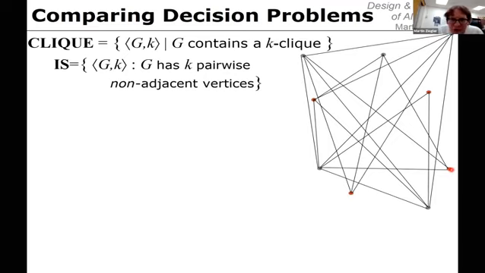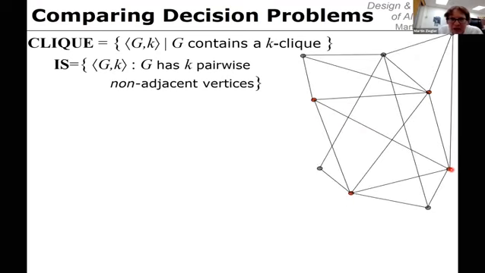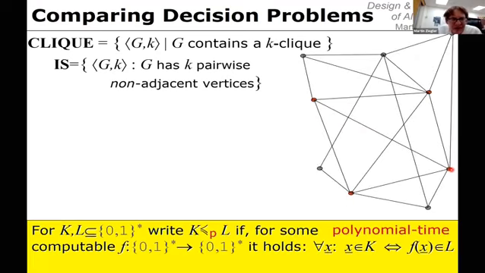So what is this polynomial time reduction? Here's the formal definition. Let's consider two decision problems, let's call them K and L, and we want to compare them and be able to say that K is at most as difficult as L, without knowing the inherent computational complexity.